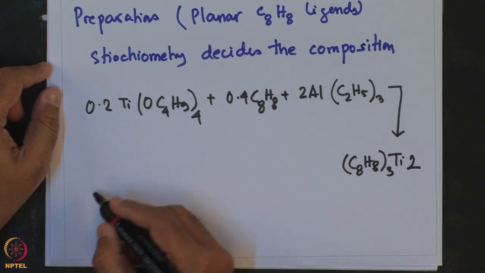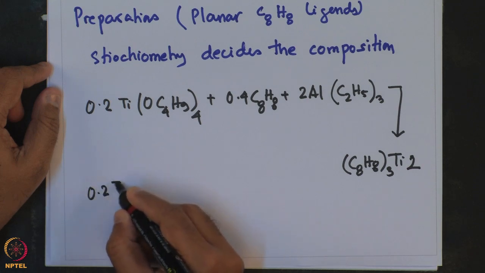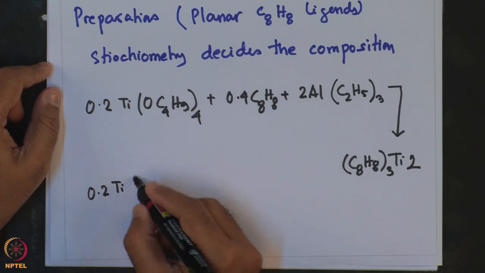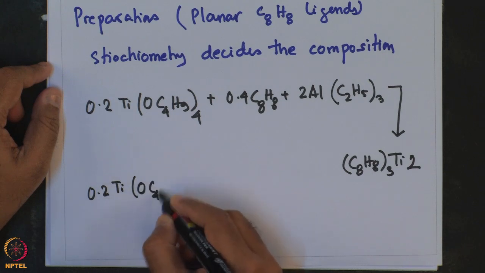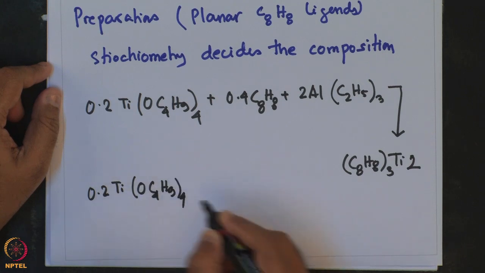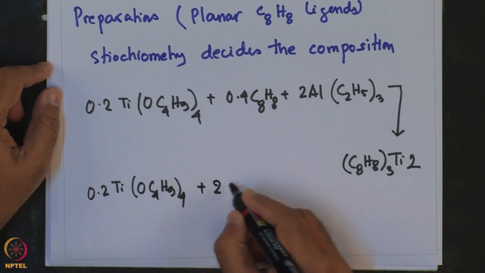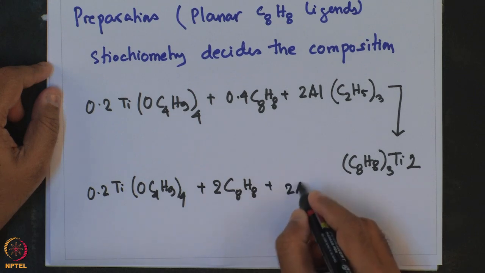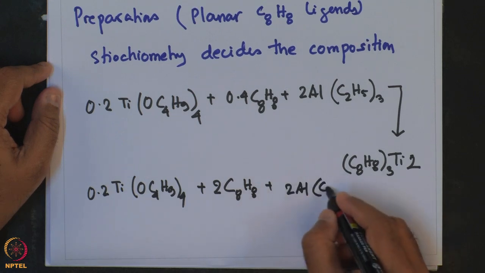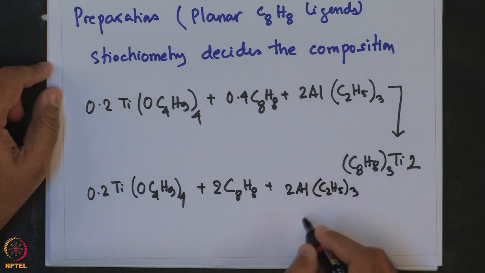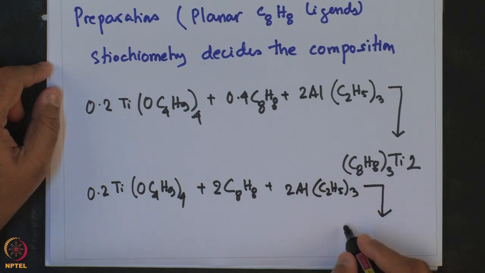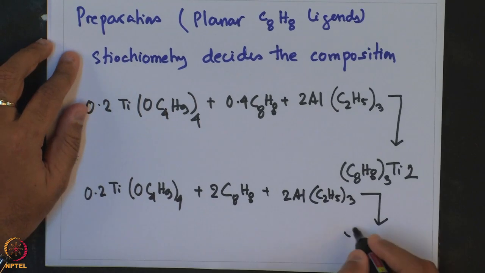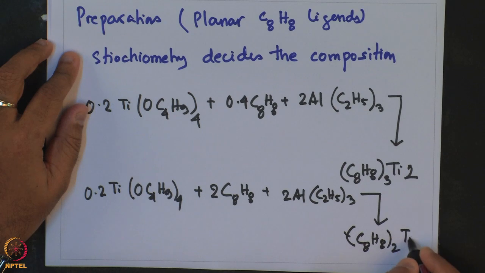Now, the other stoichiometric reaction is 0.2 Ti(OC4H9)4 plus 2 C8H8 plus 2 Al(C2H5)3, which would give (C8H8)2Ti.